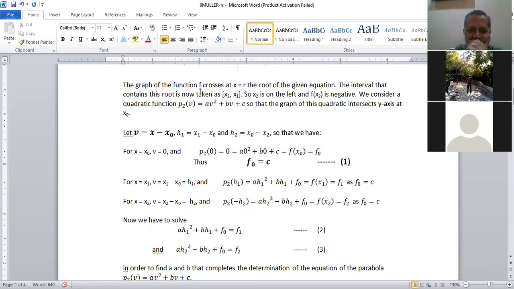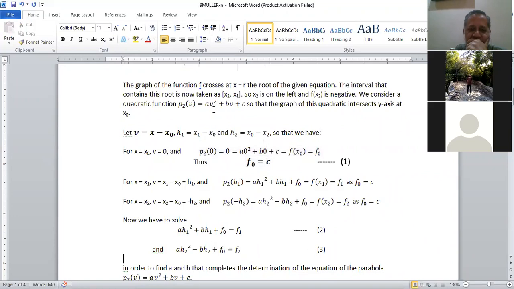Putting v is equal to 0 in this equation, we get c. So putting x is equal to x naught here or v is equal to 0 is equivalent. So एक फंक्शन f(x) में भी x naught रखेंगे तो इस वैल्यू f naught कहलाएगी, जो कि c के बराबर होगी.